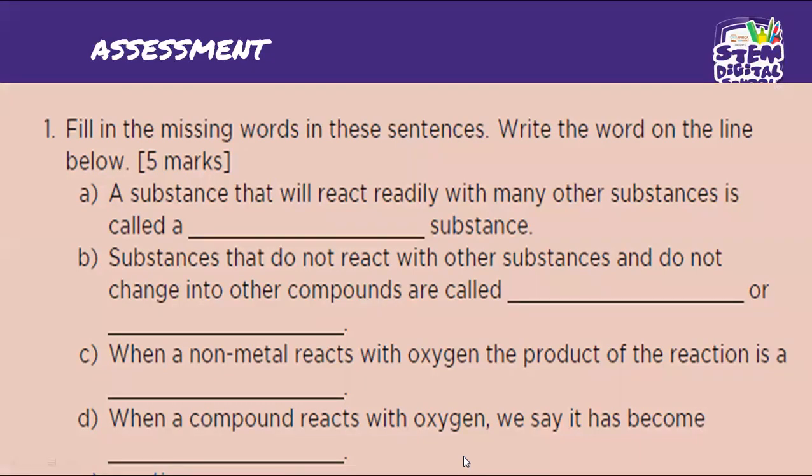When you go to grade 10, you will be doing redox reactions, in which you will be talking about oxidation and reduction. Oxidation talks about loss of electrons, and reduction talks about gain of electrons. I hope you will get a clue from that.